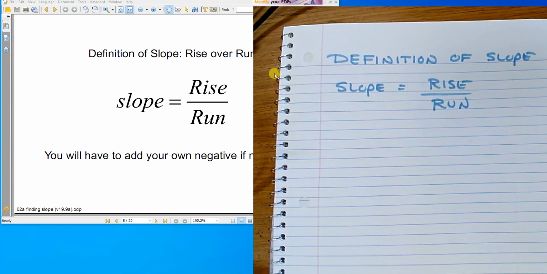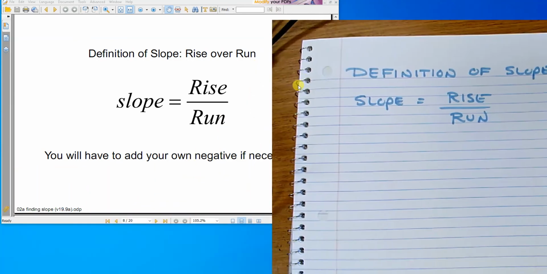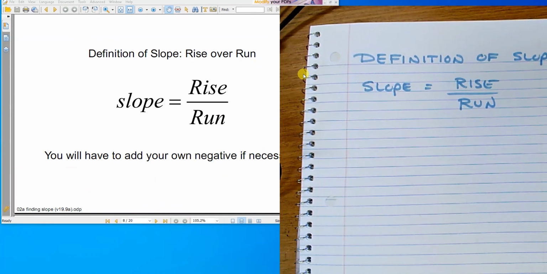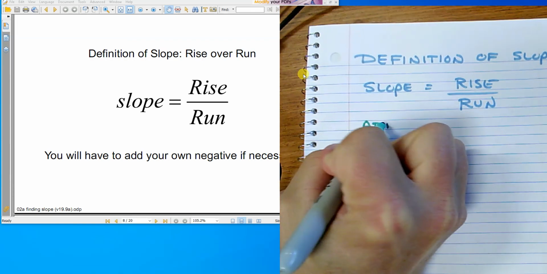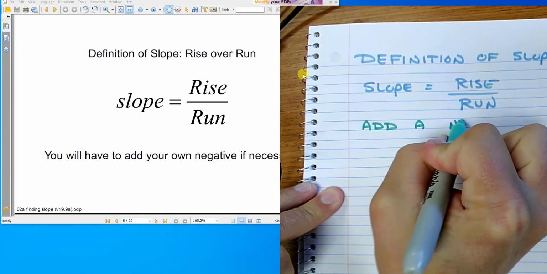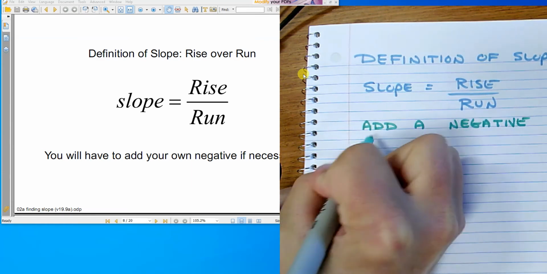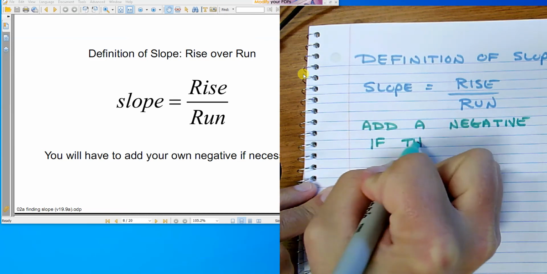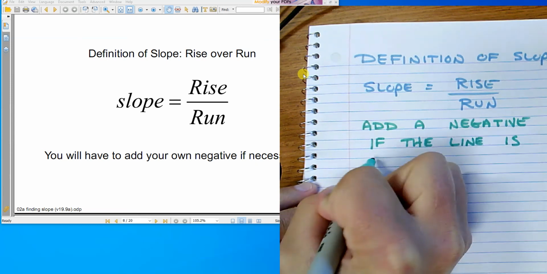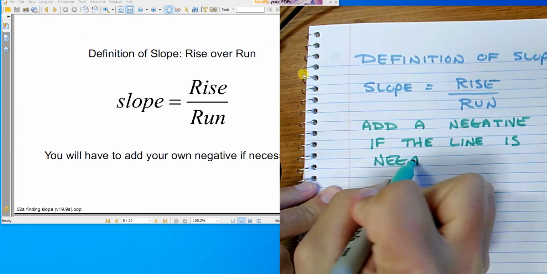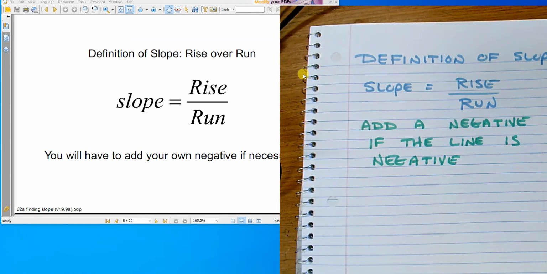You will have to add your own negative if necessary. Add a negative if the line is negative.